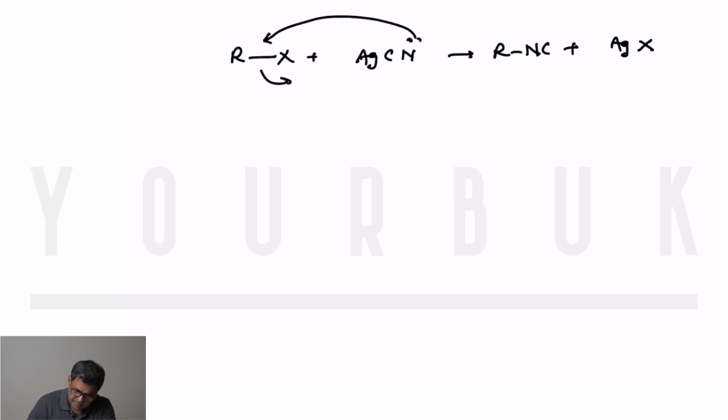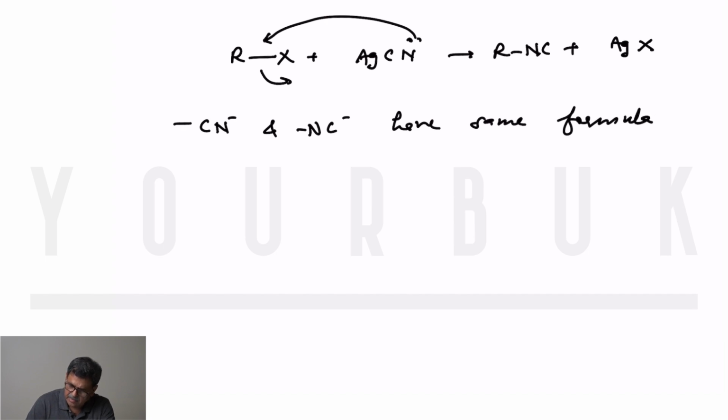So CN minus and NC minus, these two groups have the same formula, but different linking atoms. One can link through carbon, the other through the nitrogen atom.